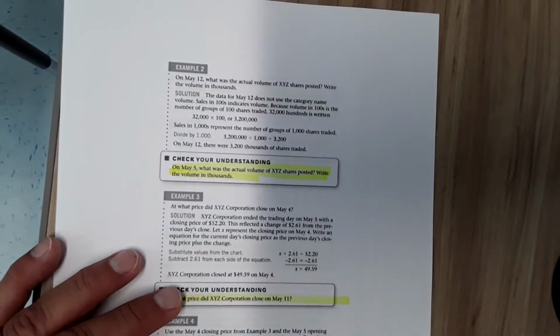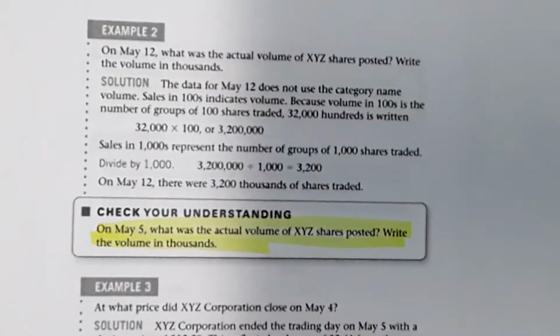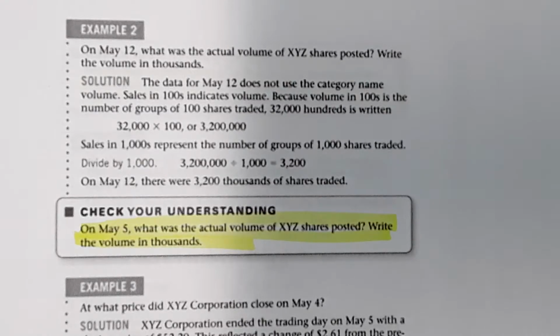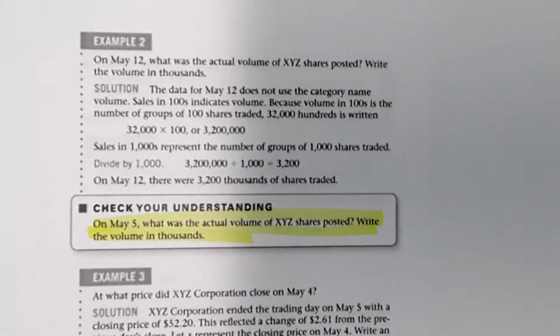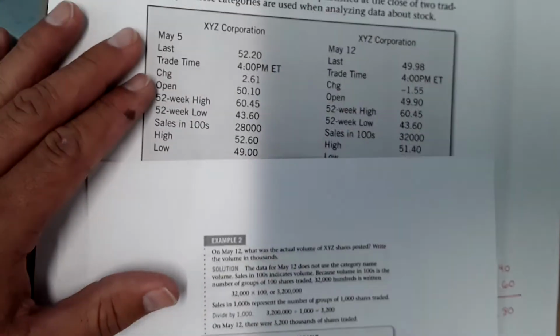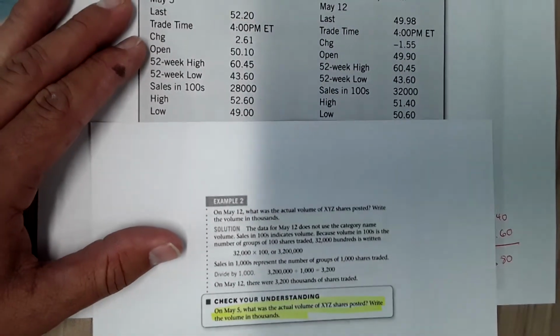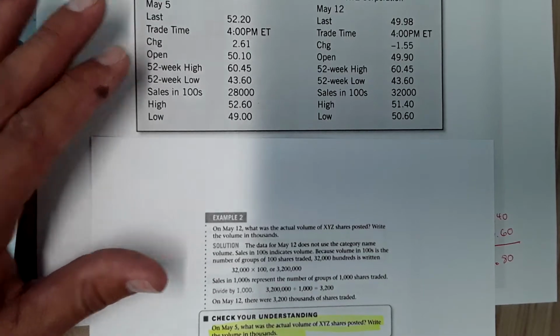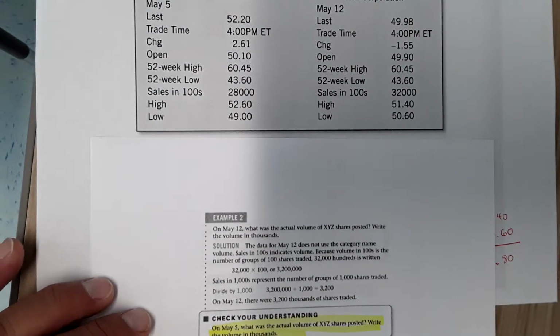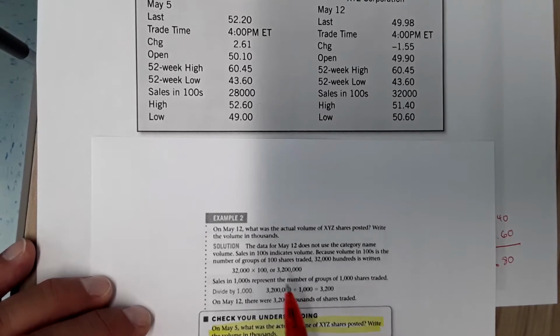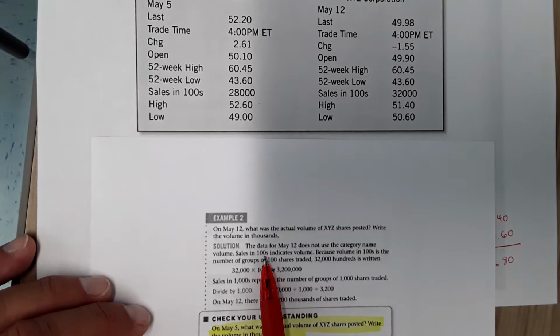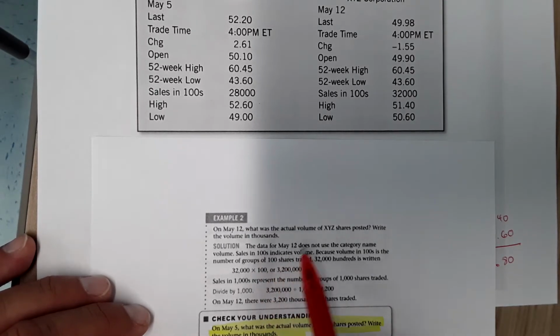On May 12th, what was the actual volume of XYZ shares posted? Write the volume in thousands. Actually, I'm going to take that down. Okay. The data for May 12th does not use the category name volume. Sales in hundreds indicates the volume.